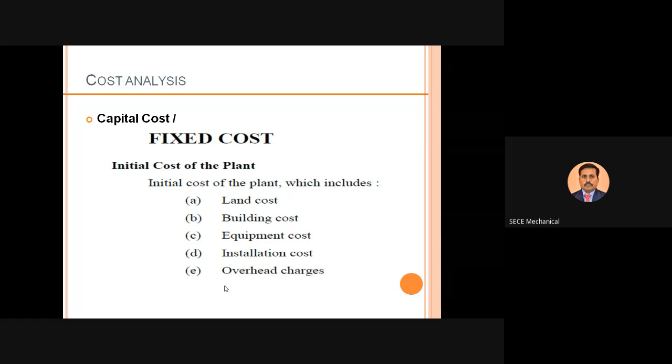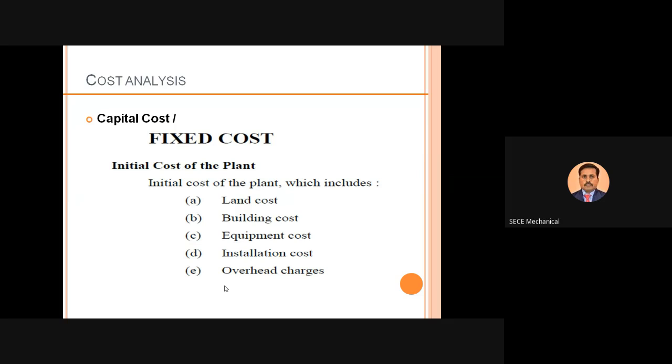Why do we consider capital cost in power plant economy? Because a huge amount of money is involved in power plant installation. A power plant is a high-amount project, so we have to think about capital cost.